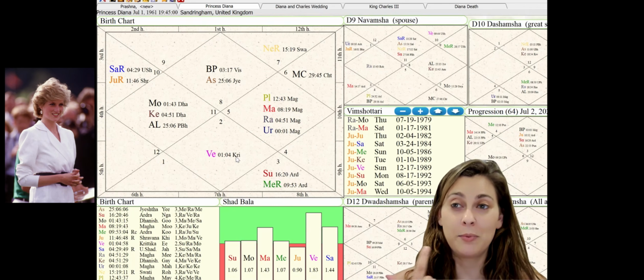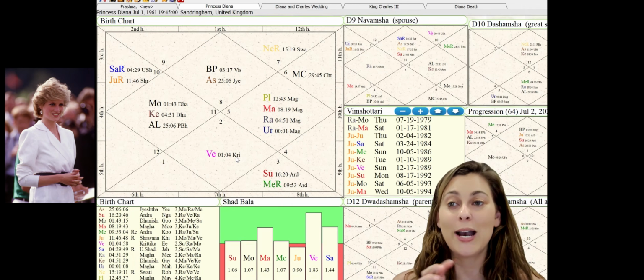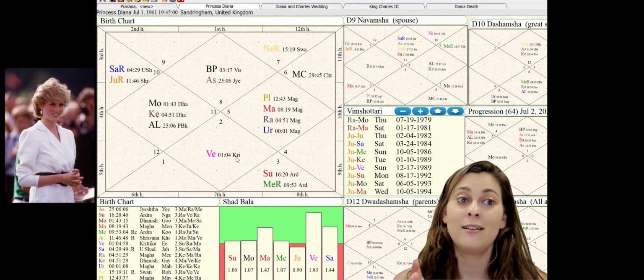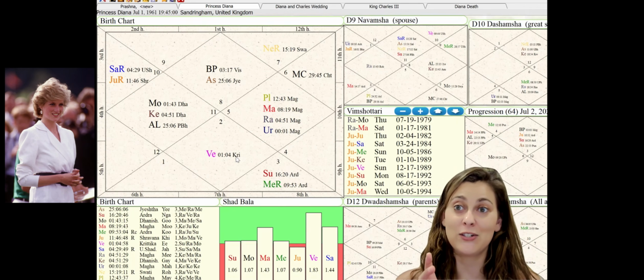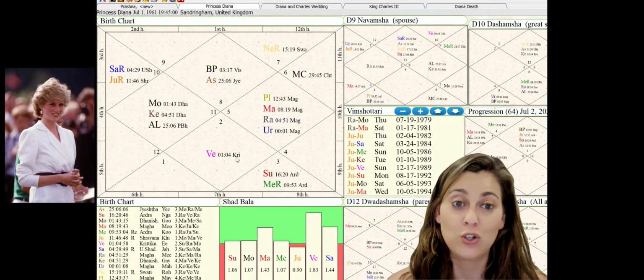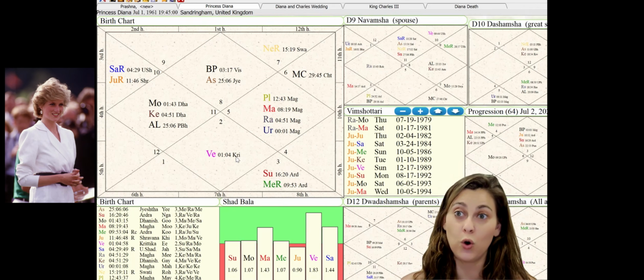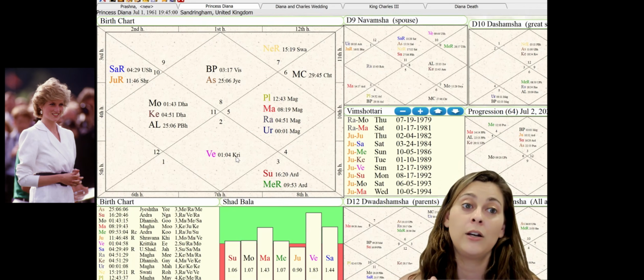And I'm going to pull up King Charles's chart to show you how we look to see if he was a good match for her in terms of meeting those Venusian requirements that her soul longed for.